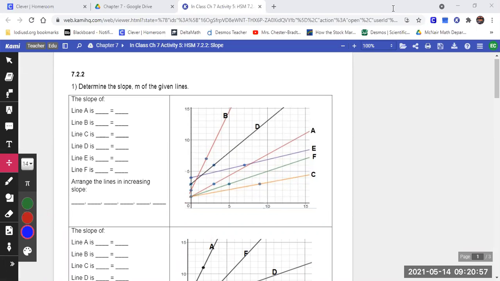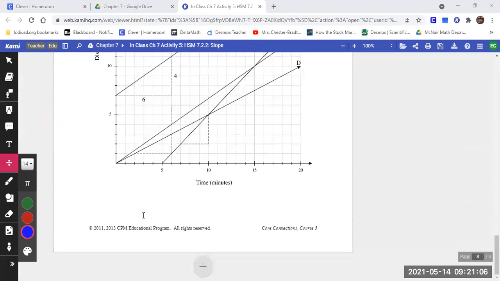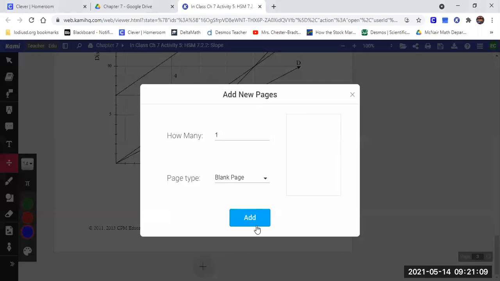Yeah, go all the way down to the bottom and click the plus sign and add a page in.